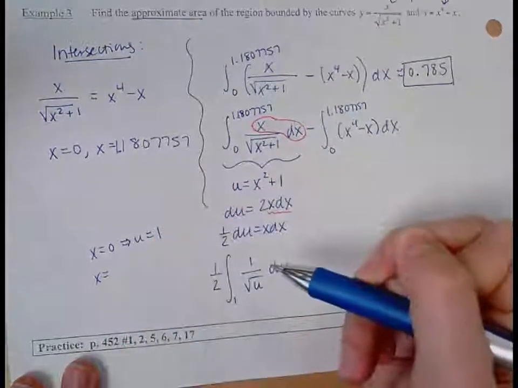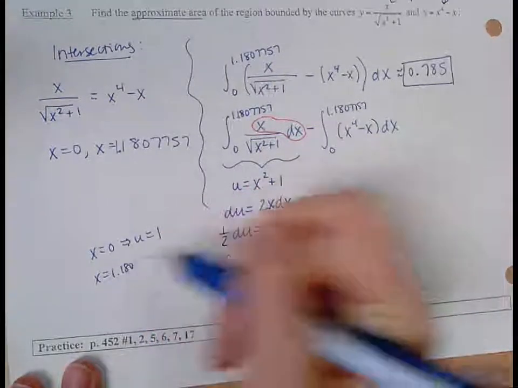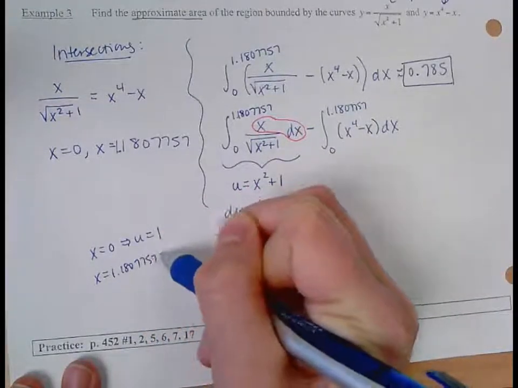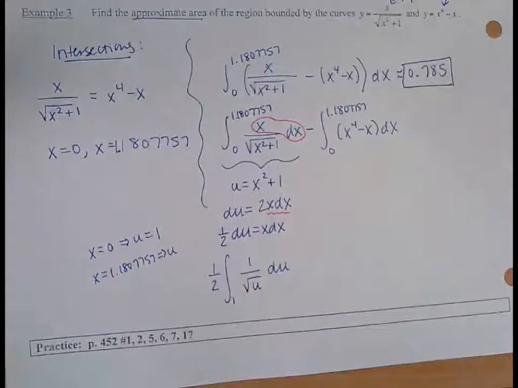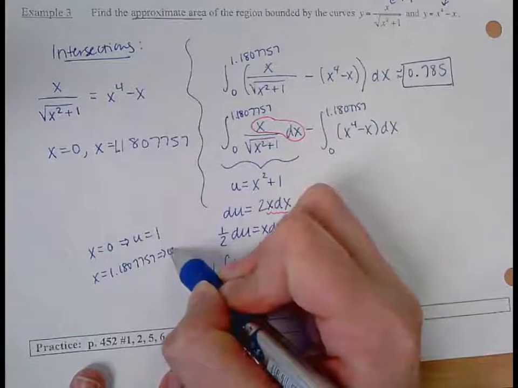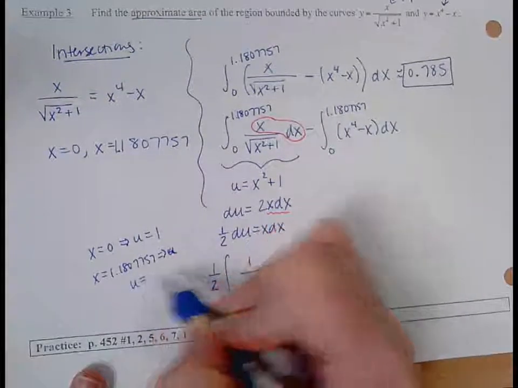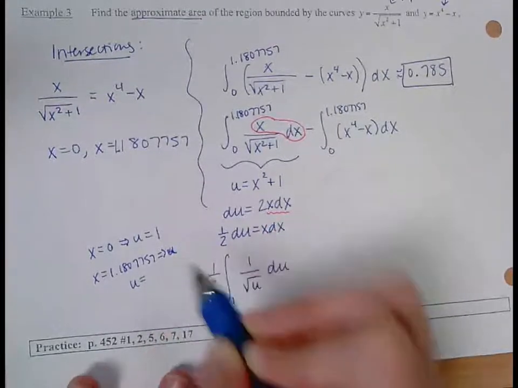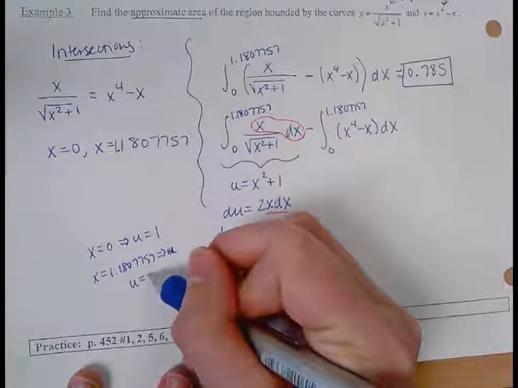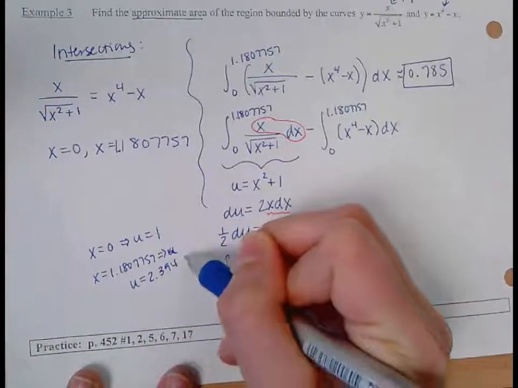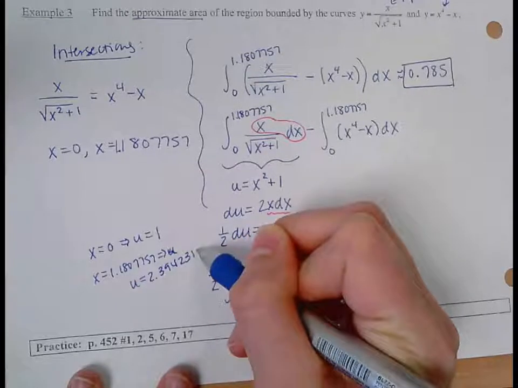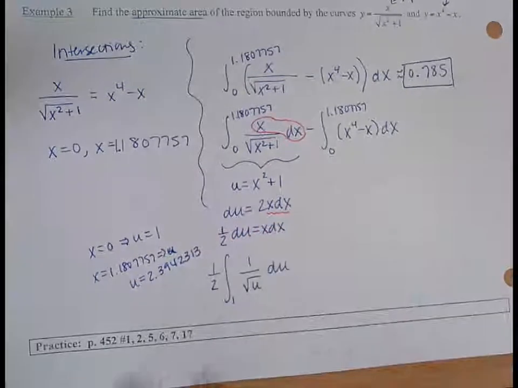And then when x is 1.1807757, your u would be, and this I would not round. I'll write this below here. I would keep it at that number of decimal places, so 2.394231.3, so I could round it to just keep the 7 decimal places that I had.